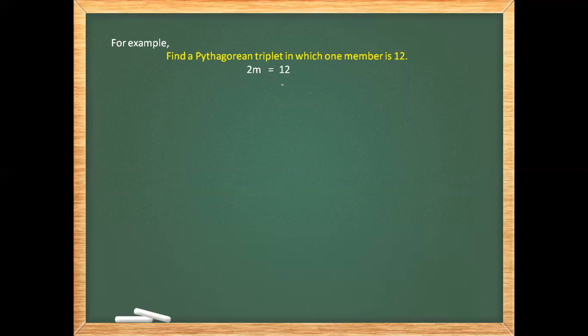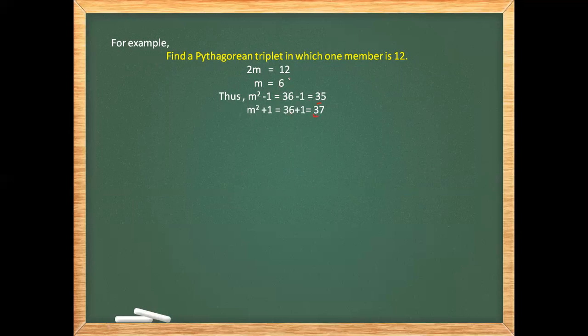So 2m is equal to 12. What is the value of m? m is equal to 6. So I can find m square minus 1. 6 square is 36, minus 1 is 35. Again I can find m square plus 1, that means 36 plus 1, 37.